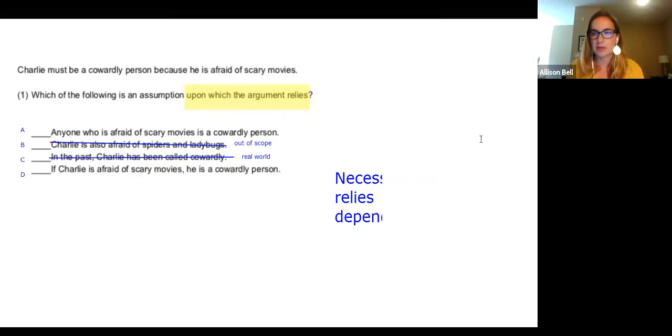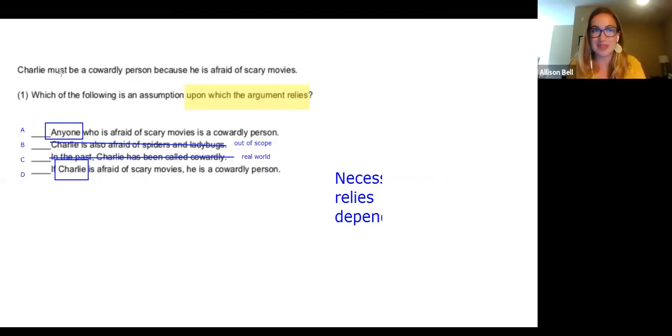Yeah, the major difference in wording between A and D is that A is talking about anyone and D is just talking about Charlie. So the question I have to ask myself is, do I need it to be true that anyone who's afraid of scary movies is a cowardly person in order for this argument about Charlie to work? Not really. I just need it to be true about Charlie.